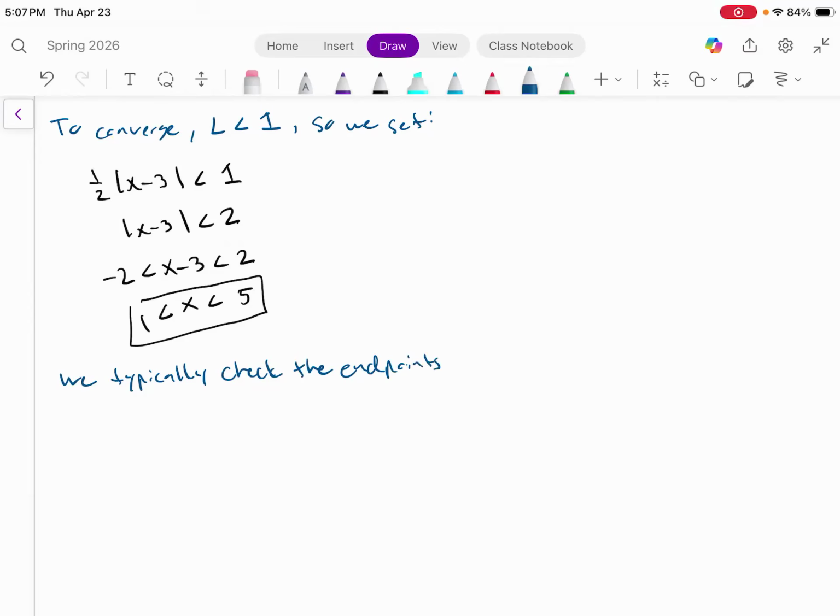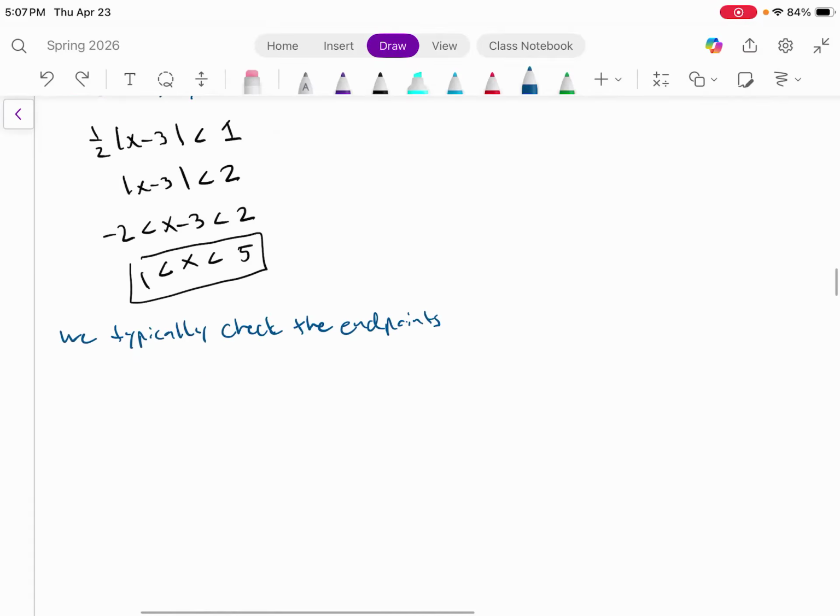We typically check 1 and 5 to see whether they should be equal to or not equal to in the interval of convergence. The way to do that is we plug these x values into our power series and see whether it converges or not. So what we're going to do now is test the endpoints.